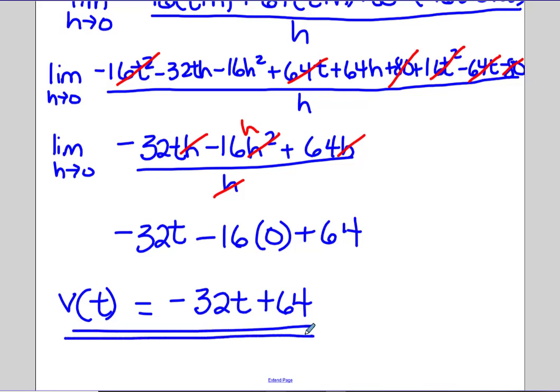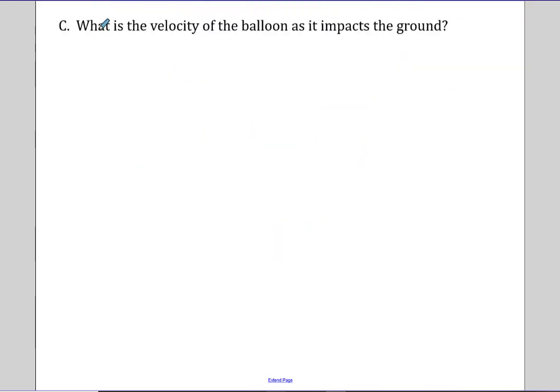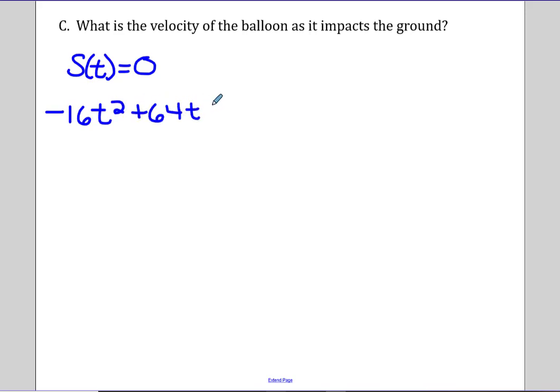by using what was called the limit of the difference quotient. So our last part wants us to find what's the velocity of the balloon when it impacts the ground. So the question says, when is the position 0? Well, the function is negative 16t squared plus 64t plus 80. When is that 0?